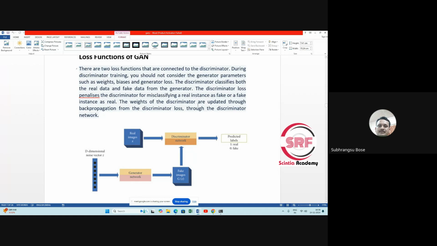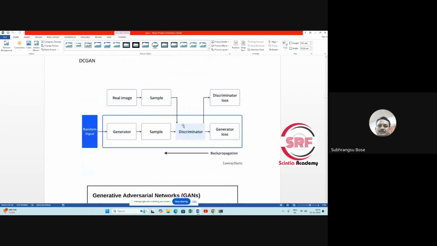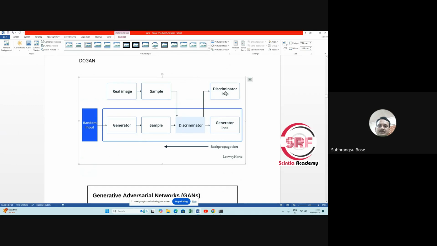The weights of the discriminator are updated through backpropagation from the discriminator loss through the discriminator network. That is shown already. This loss is backpropagated to the discriminator network and then trained, and another algorithm is generated, and another finding will be found next in the case of the generator.